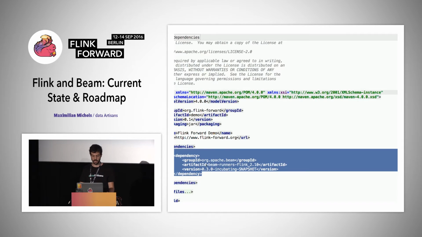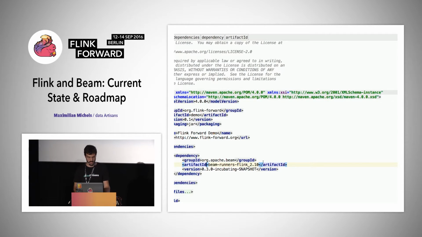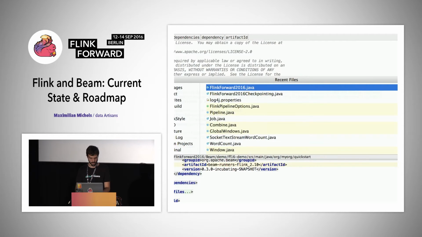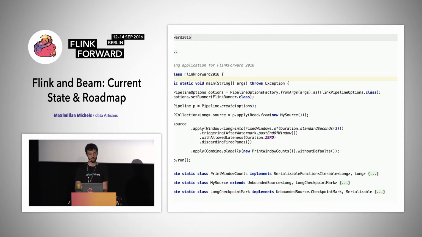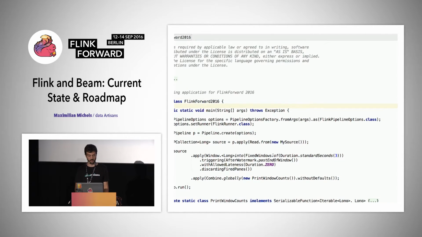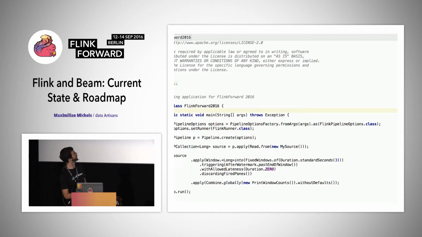This artifact is called beam-runners-flink, and I use the latest snapshot version. Then I create a really simple Beam job, which doesn't live up to Beam's capabilities, but it should be simple so that you can understand it.